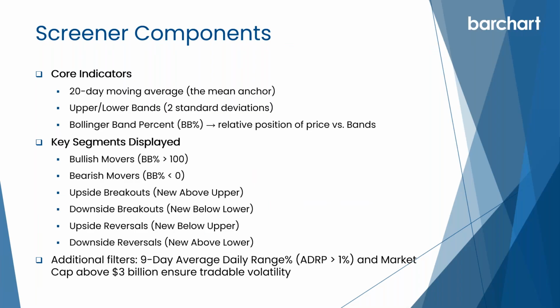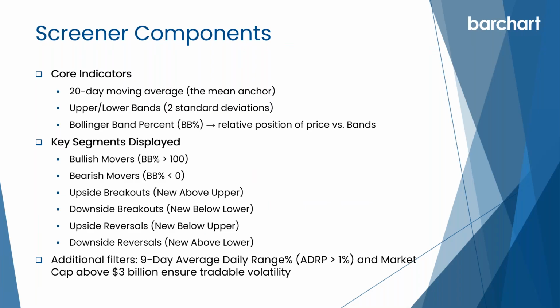Now, there are some additional features or filters inside of this page. One is the 9-day average daily range percentage. What this does is eliminate a lot of wonky stocks, which may have been moved after a split or a takeover or a merger, or just don't have a lot of price movement.